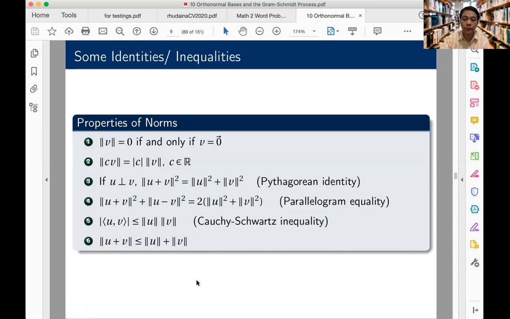So para bang you go to the vector u plus the vector v, and you get u plus v. Geometrically, you form a triangle. And what this is saying is like the two sides of your triangle, the sum of the two sides is greater than the third side. And that is in fact your triangle inequality. Okay? So these are some properties of the norms that will be relevant to us.